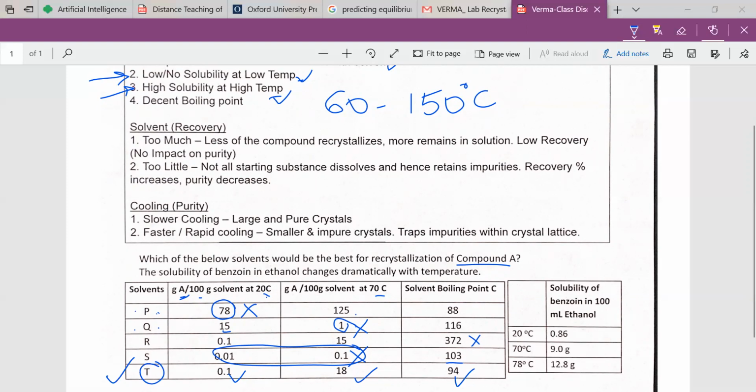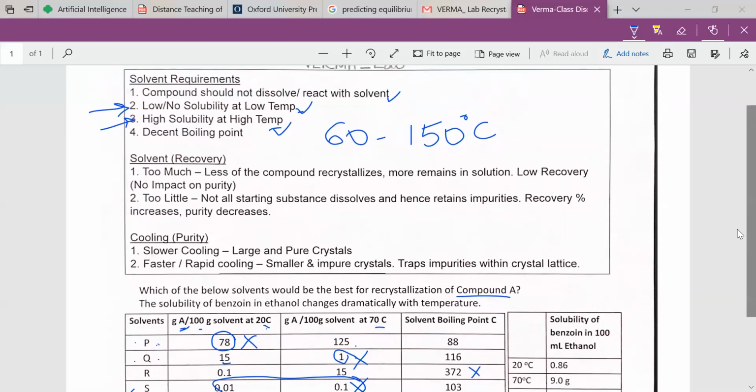And if you look at the boiling point of ethanol, which is 78 degrees Celsius, the solubility is good and the boiling point is also decent. And hence ethanol is fulfilling all of these 4 requirements that your solvent must have to be a recrystallizing solvent.